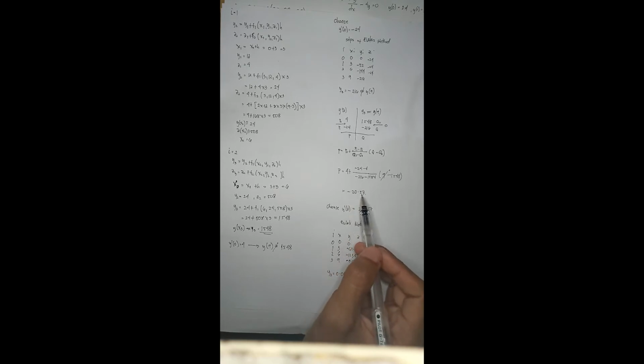This will cancel, and we can get negative 20.57.